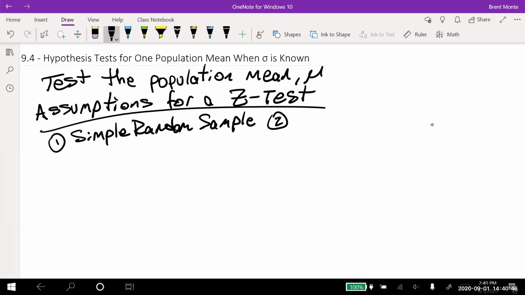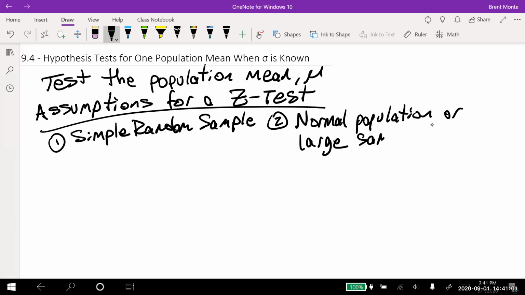Second one, we still have to have either a normal population for our variable or a large sample size. We usually define a large sample size to be n is greater than or equal to 30.